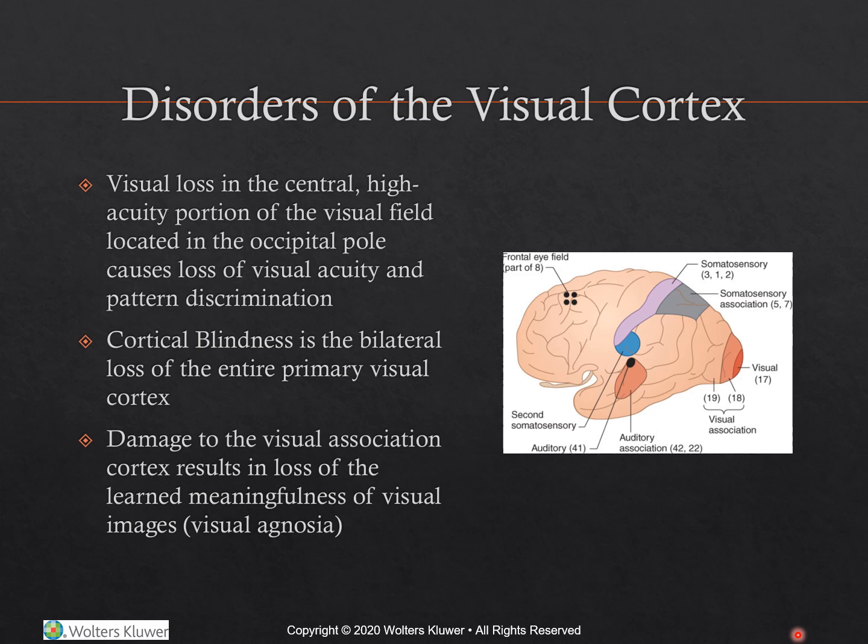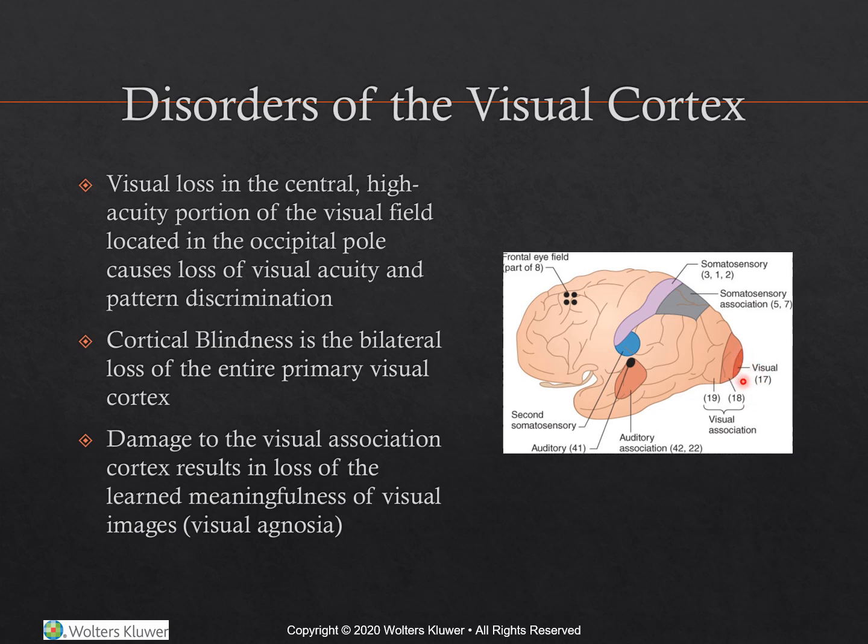Okay. So visual loss in what we call the central or high acuity portion of the visual field, that's a problem located in the occipital pole. And this causes a loss of visual acuity and pattern discrimination. So that would be right here in this occipital pole.